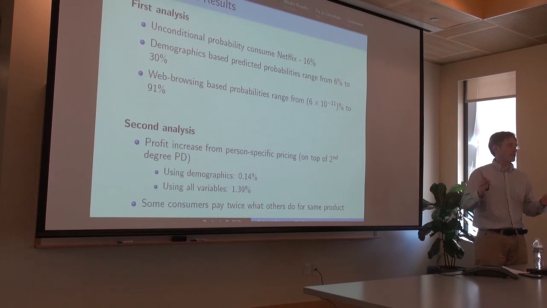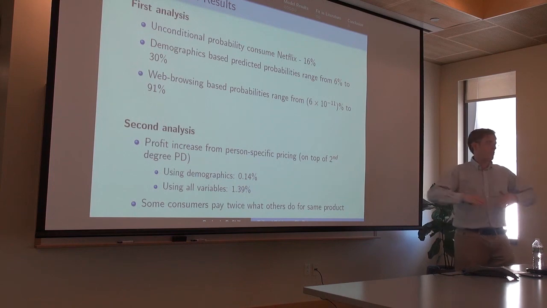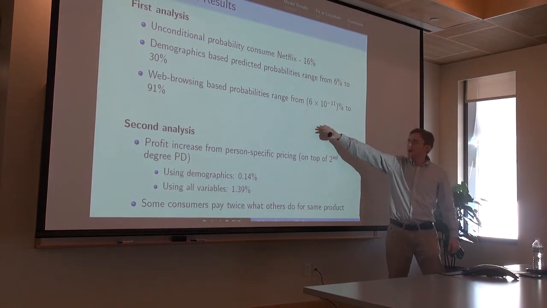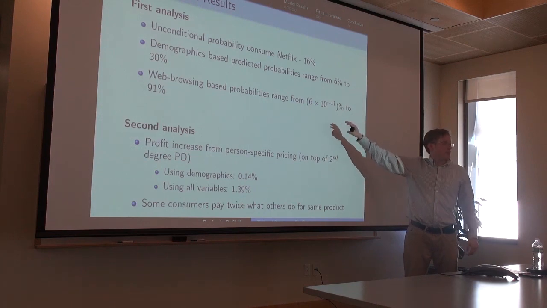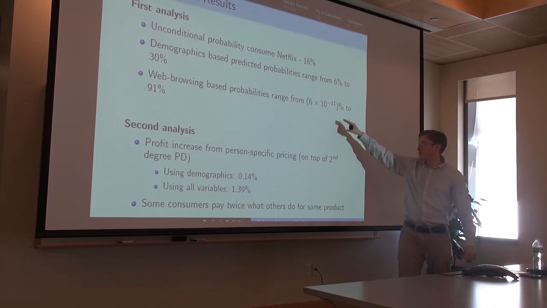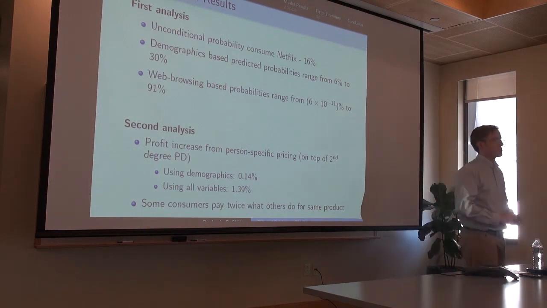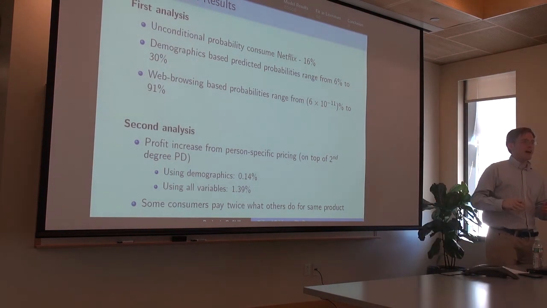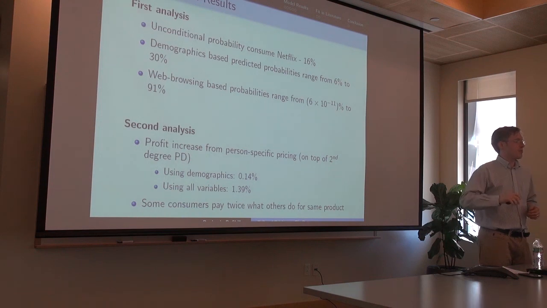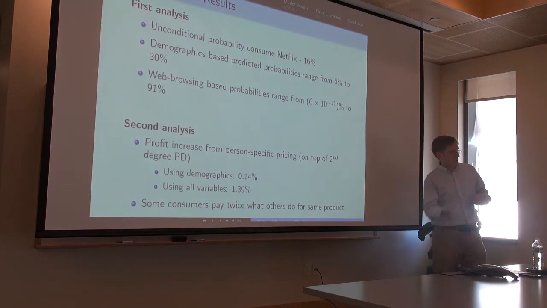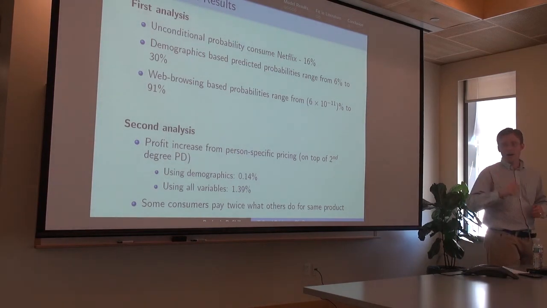So the wider the distribution of probabilities based on your model, the better it is able to predict. When I throw in all the web browsing data, the range of probabilities increases much more. It ranges from basically 0 to 91%. So based on all of this data, for some people, I have a very good idea about whether or not they are a subscriber, and that's information that could be used to figure out whether we should offer someone a lower price or a higher price.